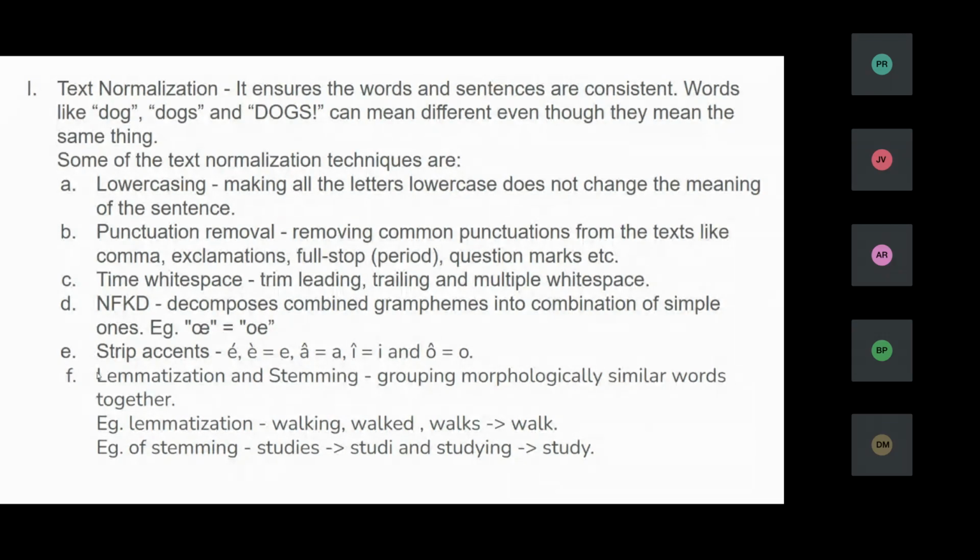The other one is NFKD, which is normalization form compatibility decomposition. It decomposes the combined graphemes into a combination of simple ones. You can see with the example what the NFKD, normalization form compatibility decomposition, does.